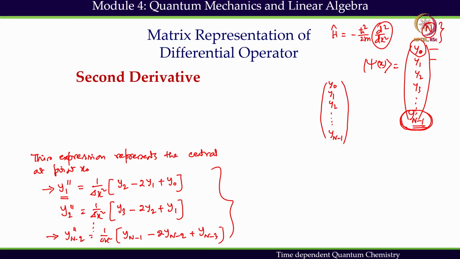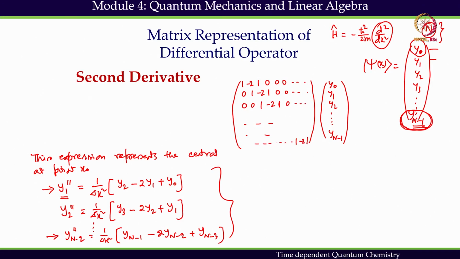On this wave function, this operator is acting, and this operator can be represented as 1, minus 2, 1, 0, 0, 0, then 0, 1, minus 2, 1, 0, 0, then 0, 0, 1, minus 2, 1, 0, like this, and we can continue this, and finally I'll have here 1, minus 2, 1.